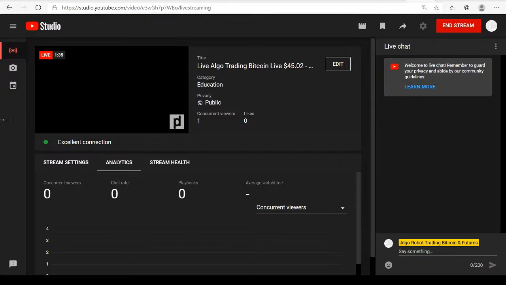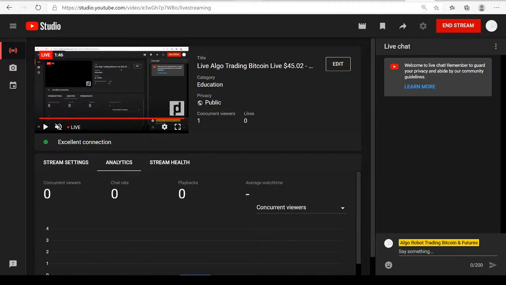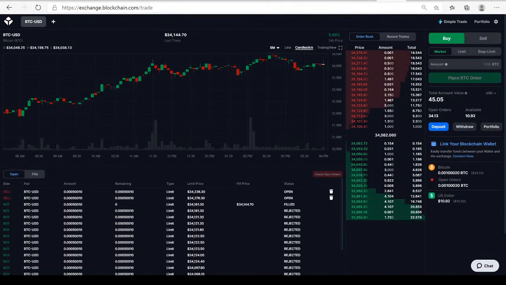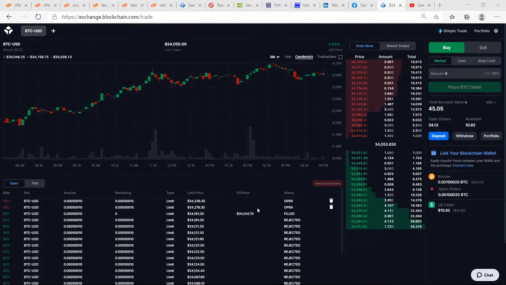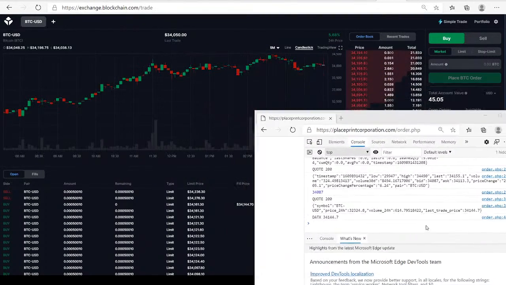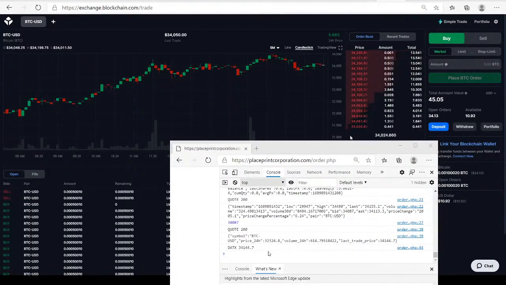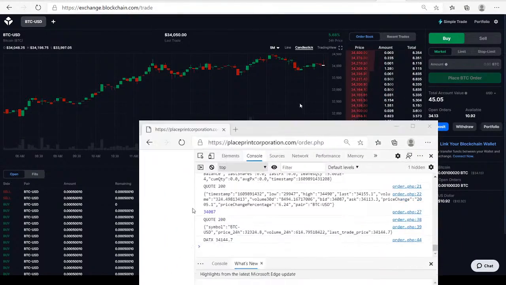If you just give me one moment, we'll get that going. Okay, so that's the main platform. We'll add the algo, which is right here. Okay, so that is what our algo looks like. Trying to find a good place to put it.